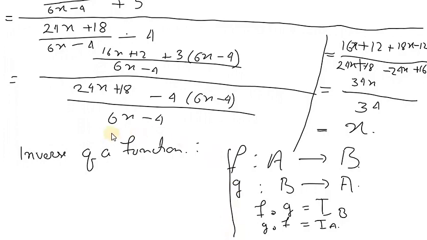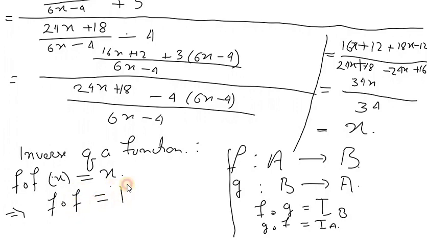In this function, we have seen that f of f of x is equal to x, which implies that f of f is the identity.